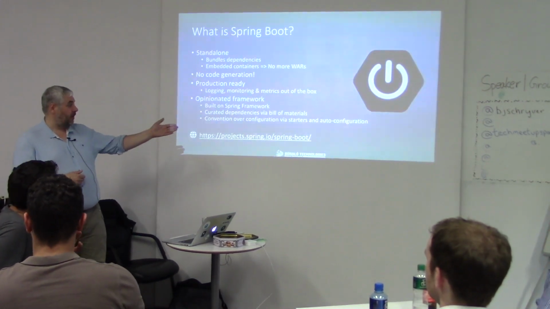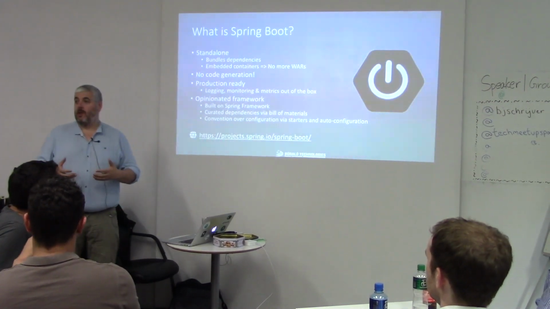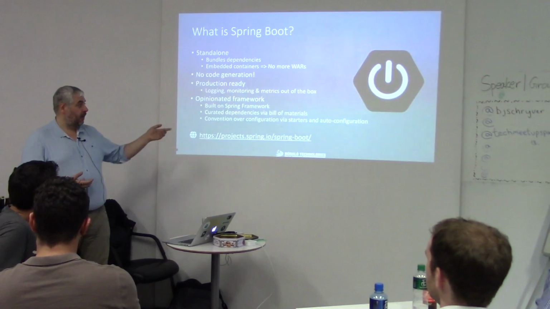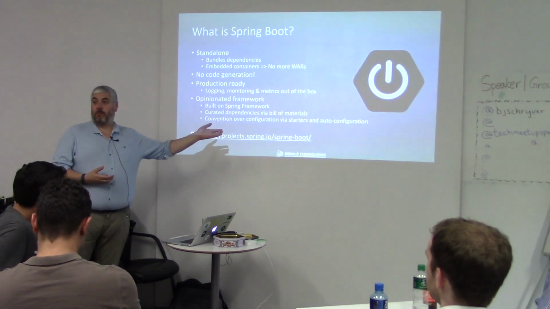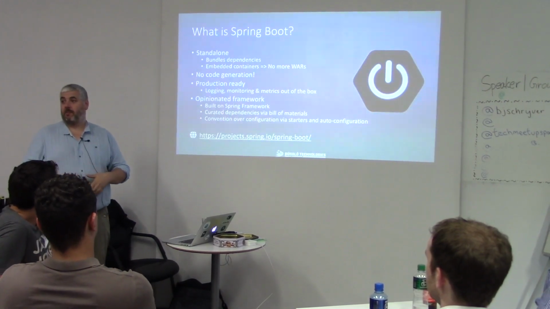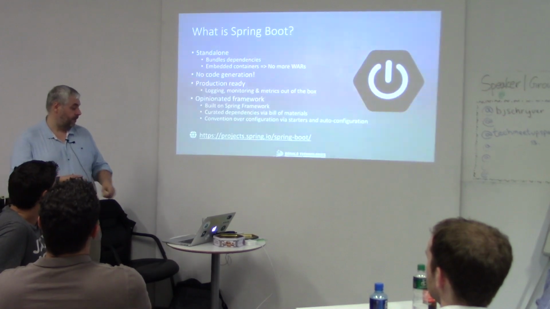Although we won't be looking at it today, if you have your own frameworks that you've maybe developed in-house, you can bundle that up in a starter and an auto configurer, and you'll be able to ship that easily and get the rest of your team to use it across the organization.